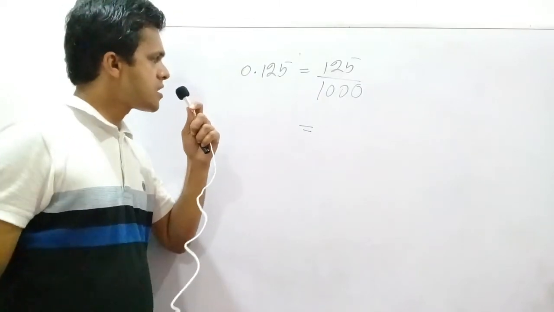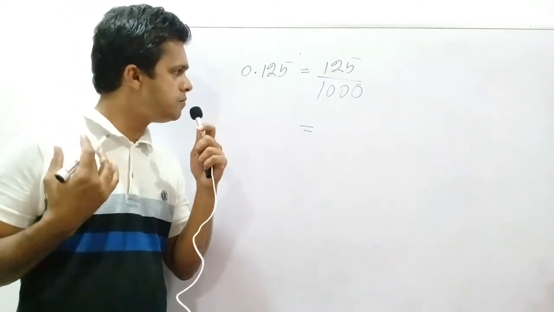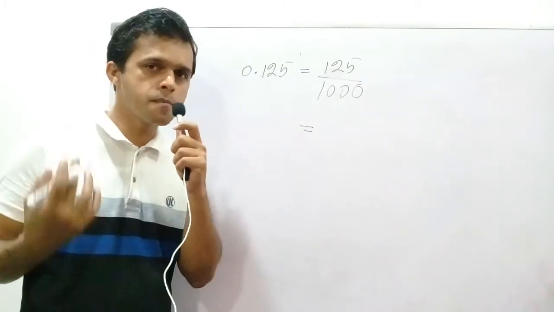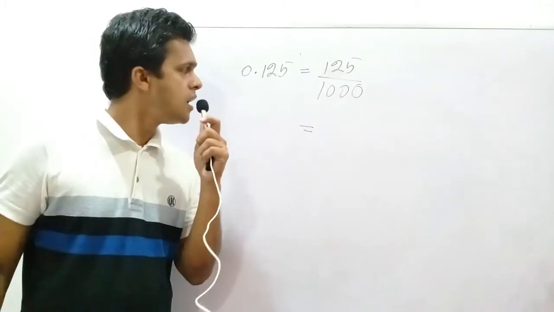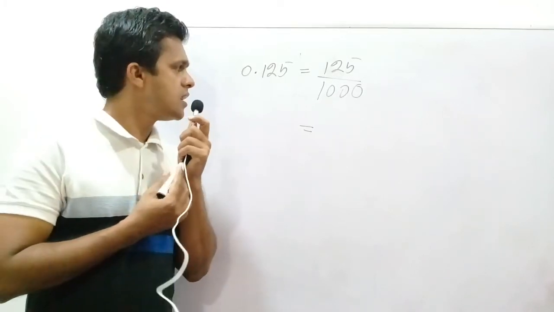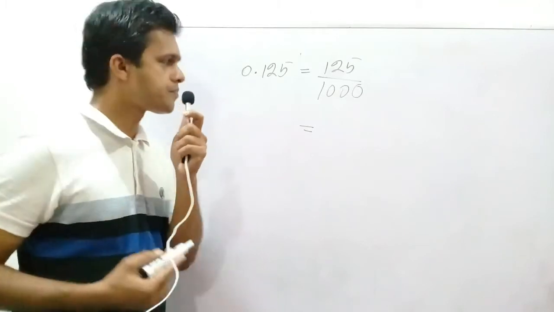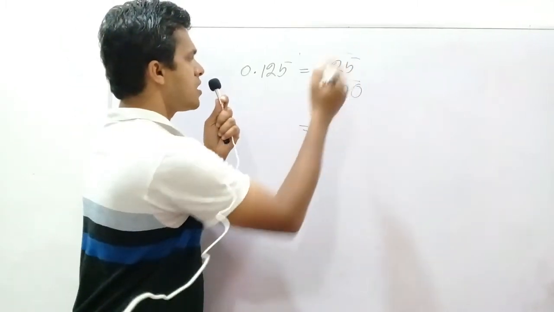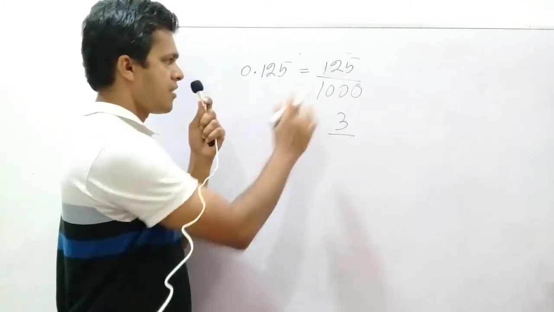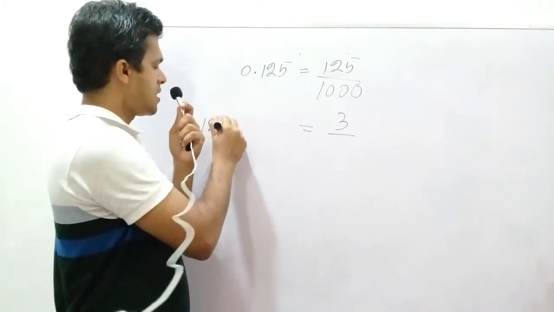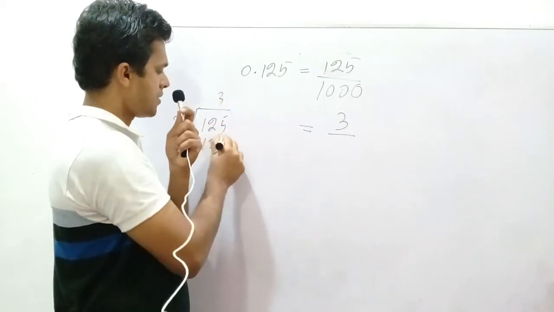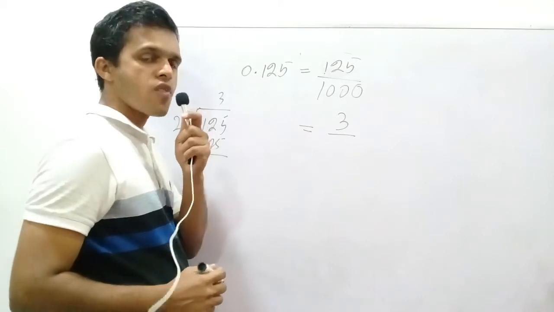How do you put this fraction in the simplest form? 125 is a multiple of 25. 1000 is a multiple of 25. 125 is divided by 25, so 5. 1000 is divided by 25.